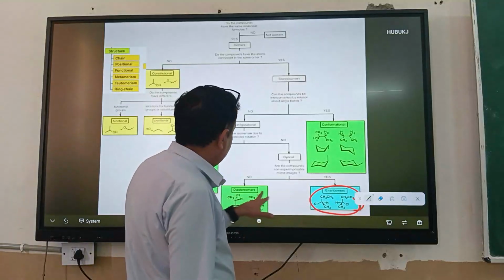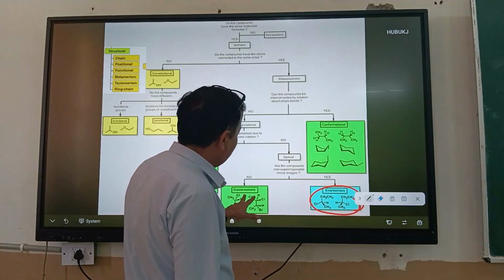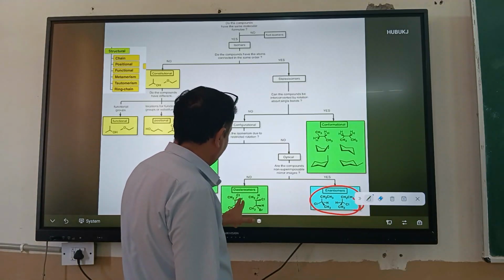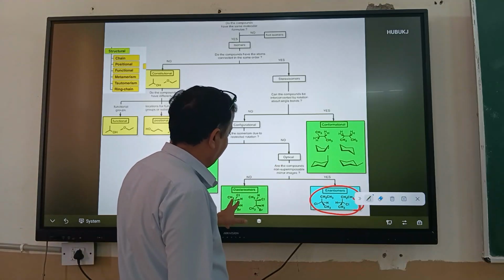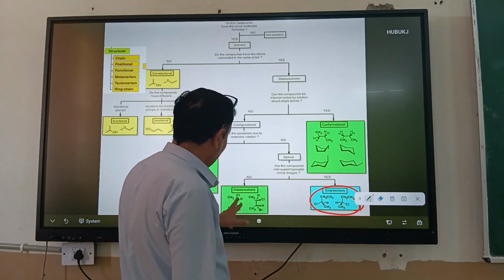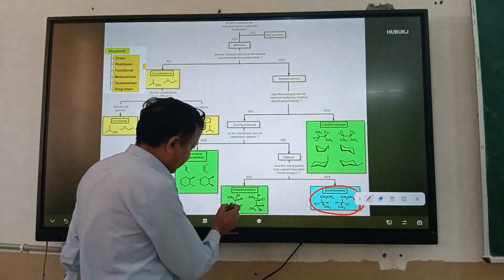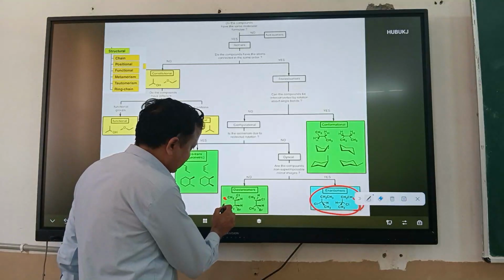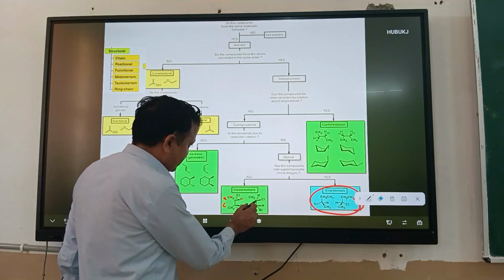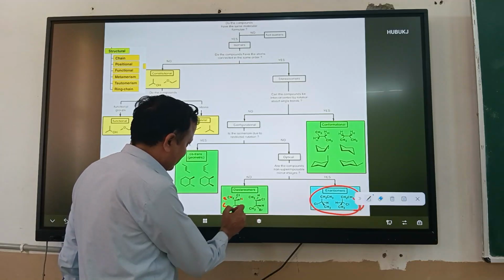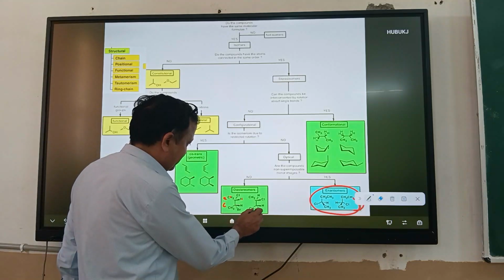And another case is diastereomers. Diastereomers have the same molecular formula and differ from each other in the spatial arrangement of atoms in molecules, but they are not mirror images of each other. Here you can see one carbon is attached to methyl, chloro, and hydrogen. The second carbon has methyl, bromo, and hydrogen.